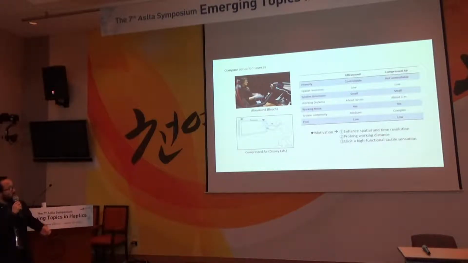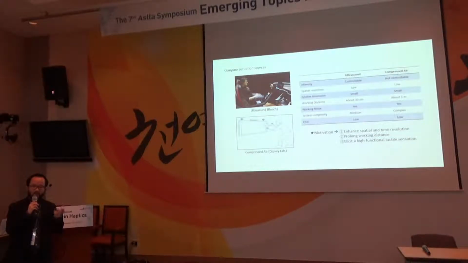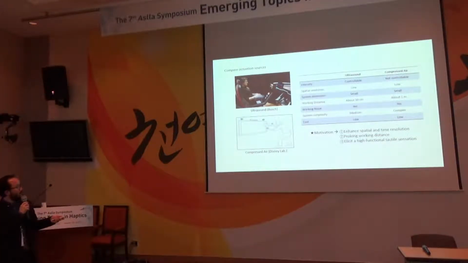And these two methods also have working noise. This means when some energies flow out into the air, or with the working sound, ultrasound has a noisy sound continuously. System complexity is medium, and both are low cost.